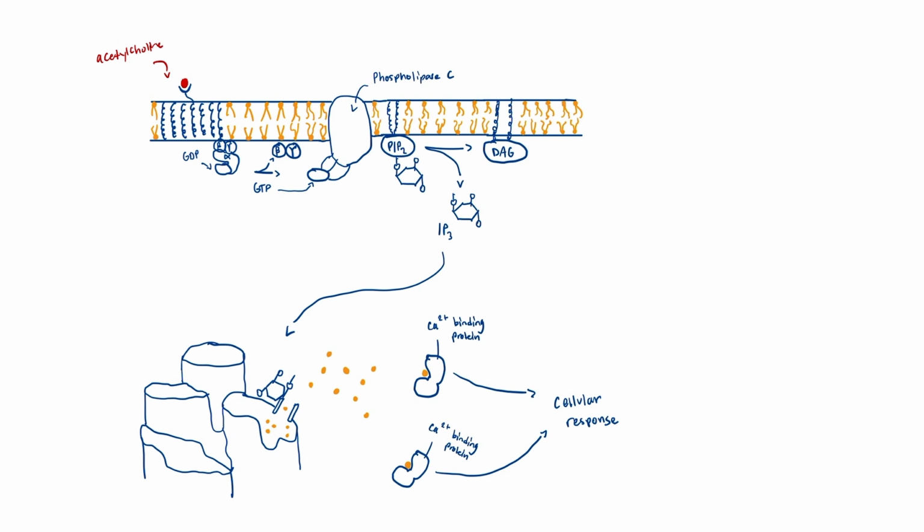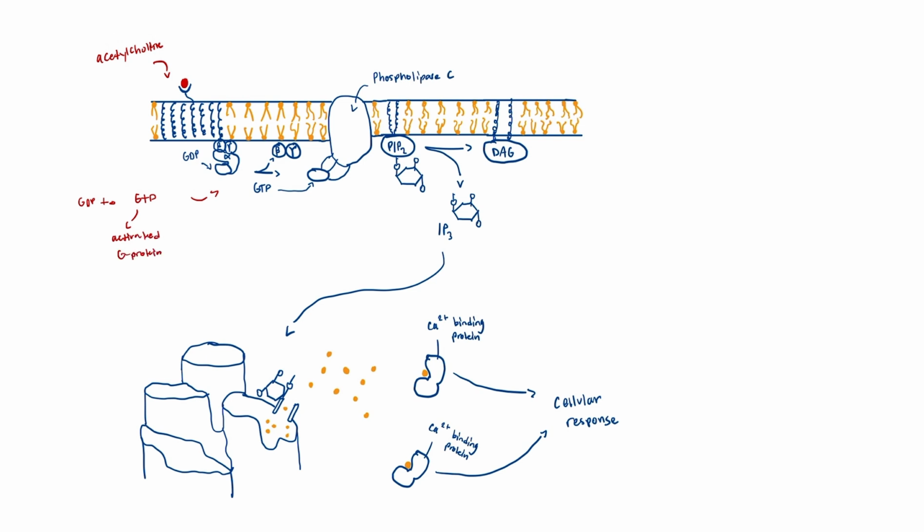And when the acetylcholine binds to the GPCR, it is going to be activated, and that's going to activate your G protein, which is shown down here. GDP will go to GTP, and GTP is your activated G protein.